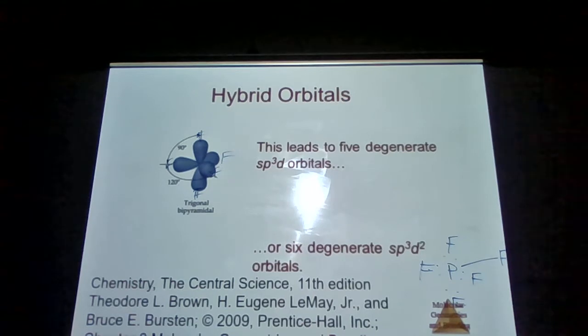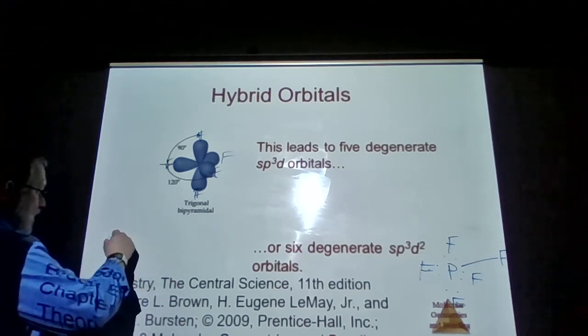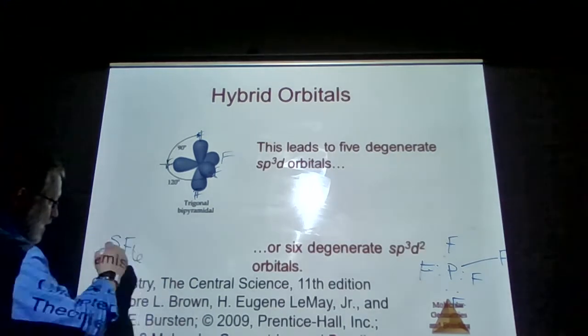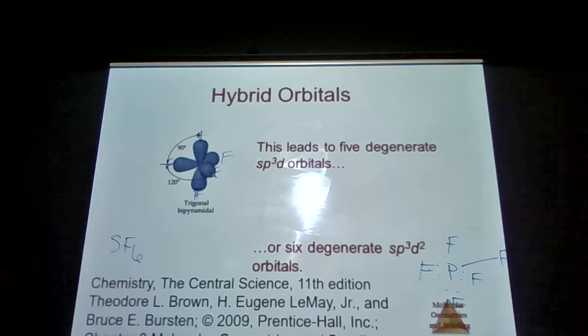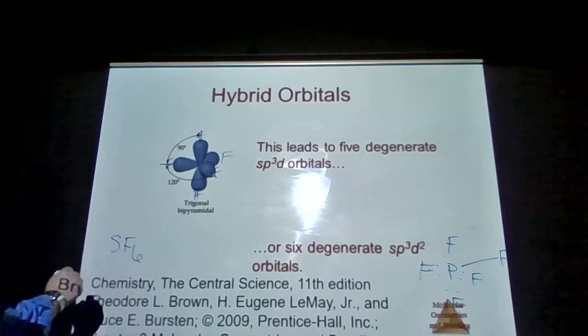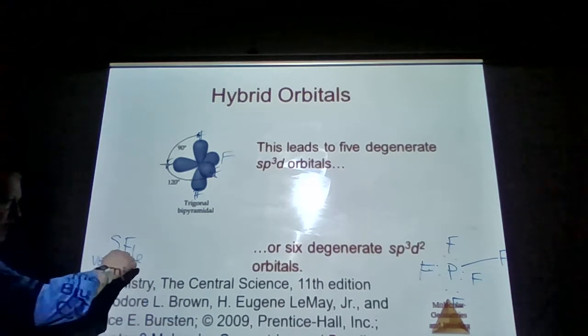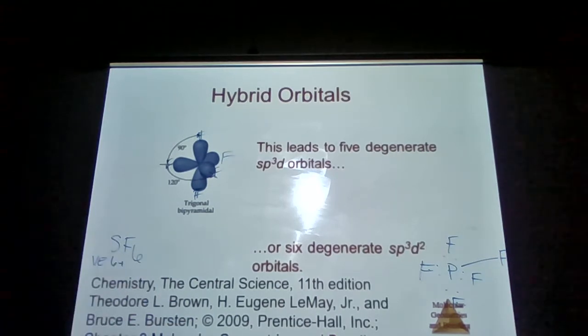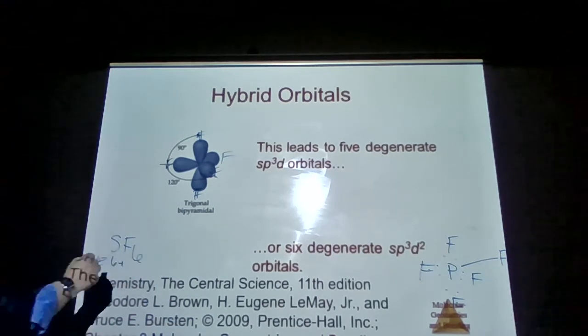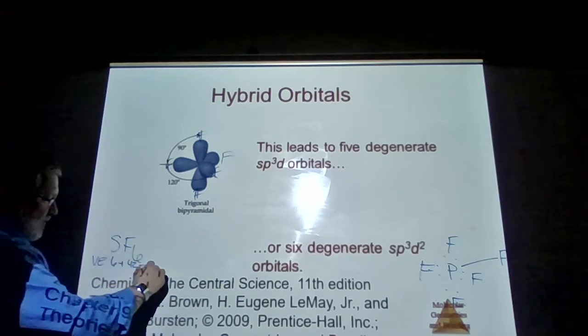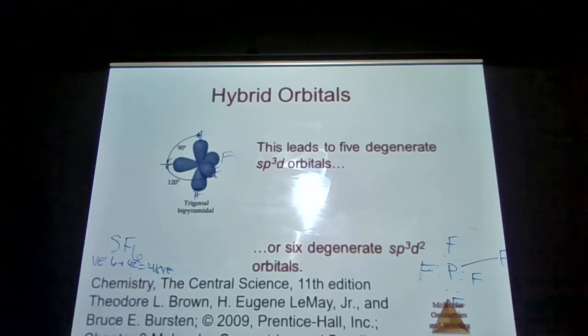If we have more electrons, SF6. Sulfur has 6 valence electrons, fluorine has 7, 7 times 6 is 42, for a total of 48 valence electrons.